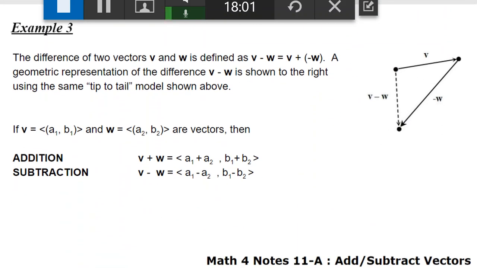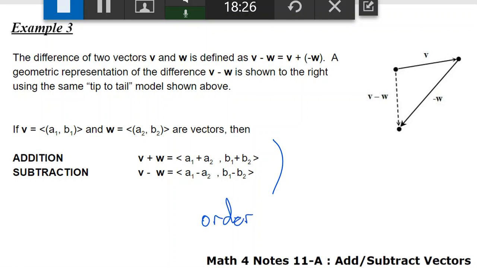All right, we decide we're going to go in the direction of V, but then we're going backwards on W. That's V minus W. And if we do that, this is our actual flight path, so to speak. And the thing that's going to become important here is these formulas here are very order specific.